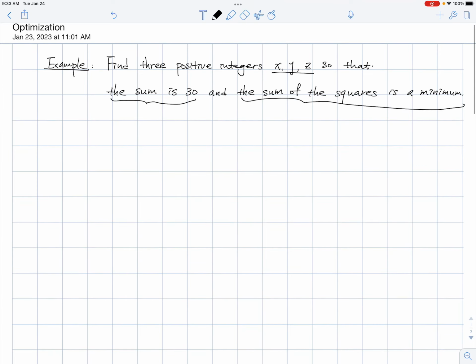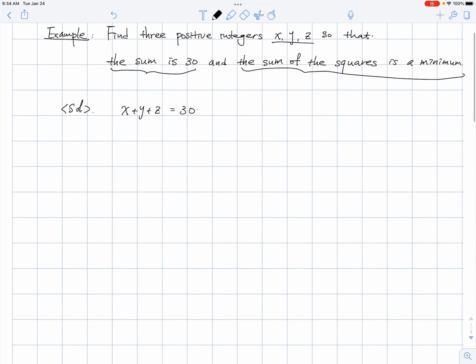So let's write it down. We have x plus y plus z equal to 30, and if we call a function that describes the sum of the squares, that will be this, right?